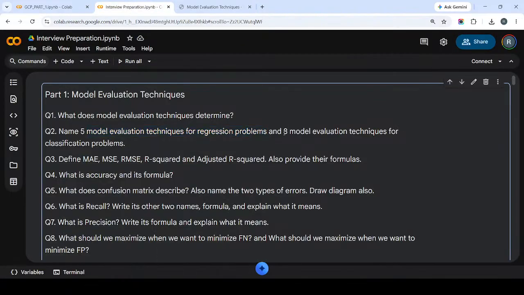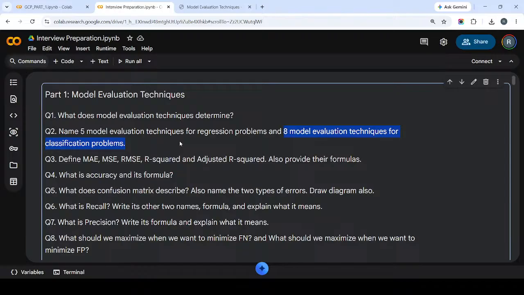Then the next part asks about model evaluation techniques for classification problems. For a classification problem, the first is accuracy. Then we may use recall; true positive rate is another name for recall.